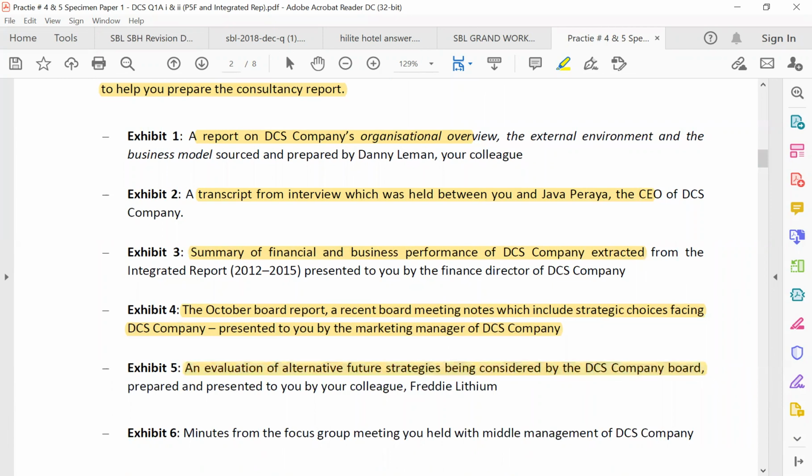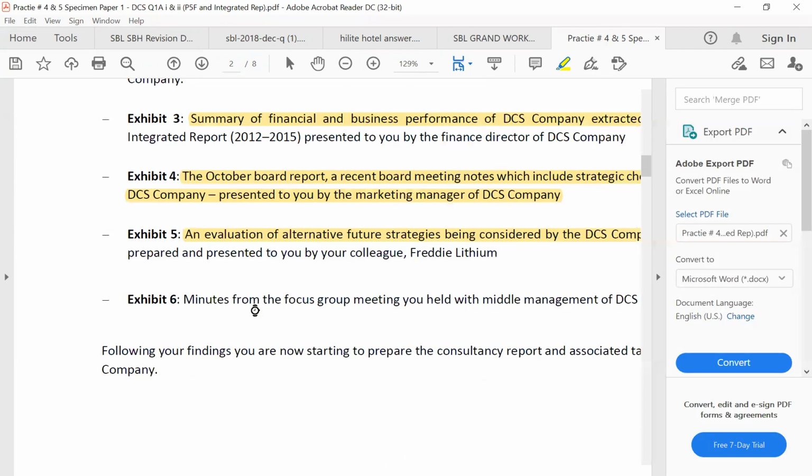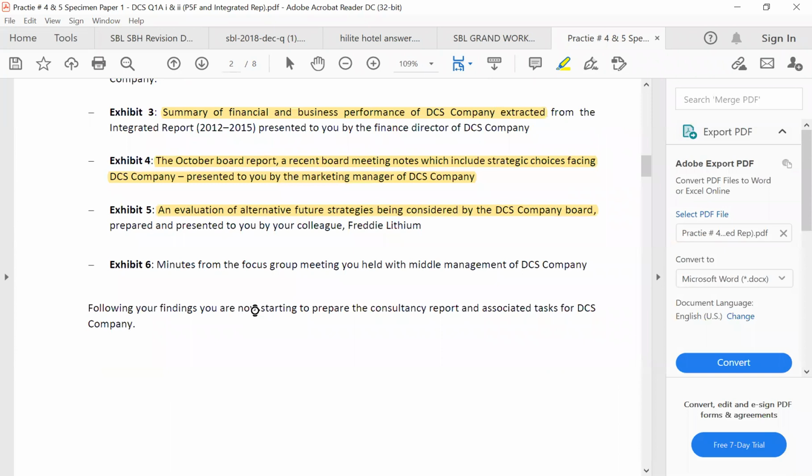And exhibit number 6 is the minutes from the focus group meeting you held with the middle management of the DCS company. So basically, these are the six exhibits.